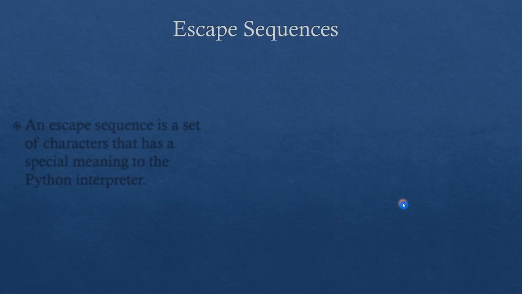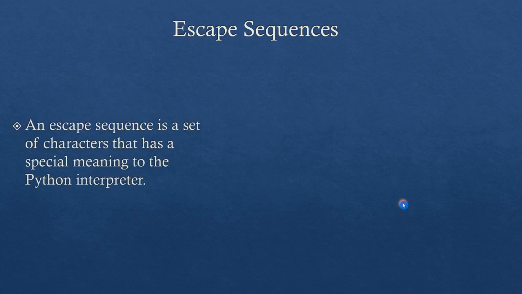escape sequence. So escape sequence is a set of characters that has a special meaning to the Python interpreter, just like our keyword. Suppose if you take a keyword, it has special meaning only to the interpreter. In the same way, escape sequences are a set of characters which have special meanings. Okay, so escape sequences cause the character following them to escape normal interpretation.